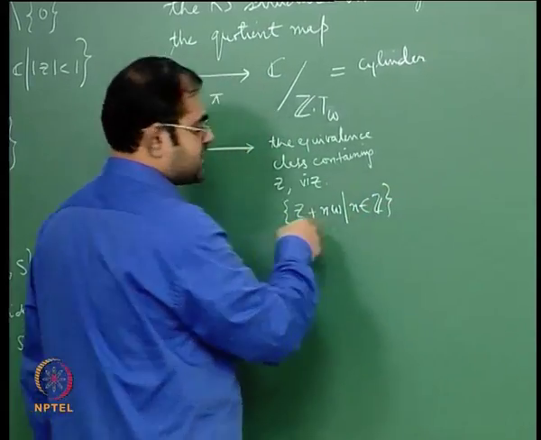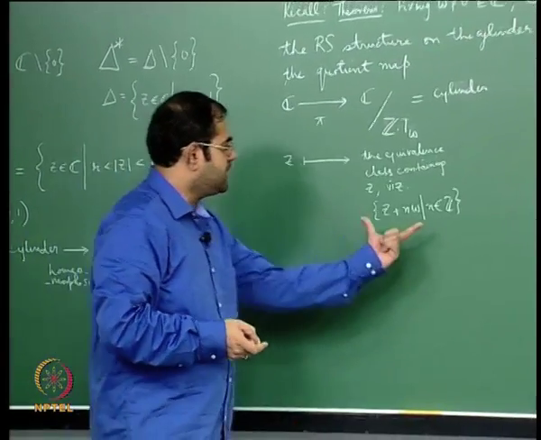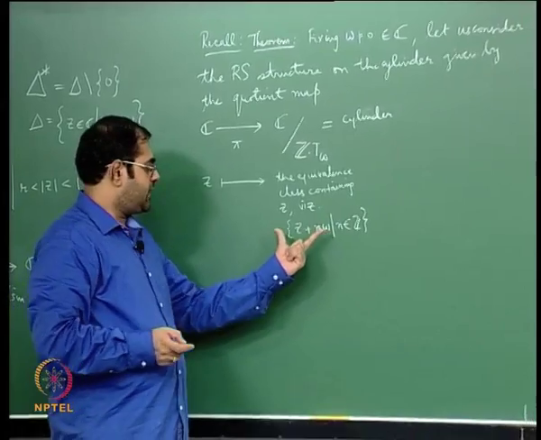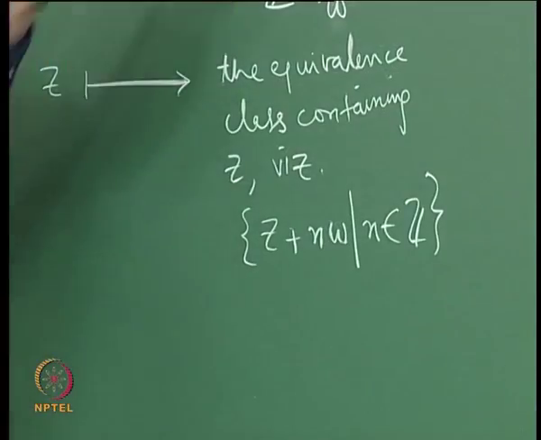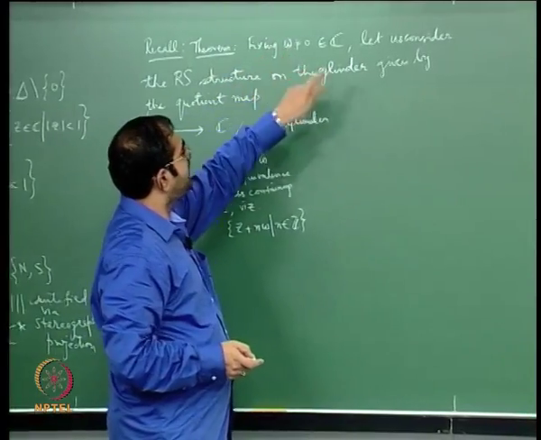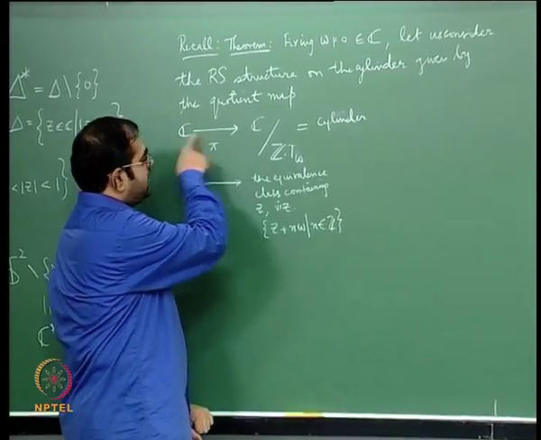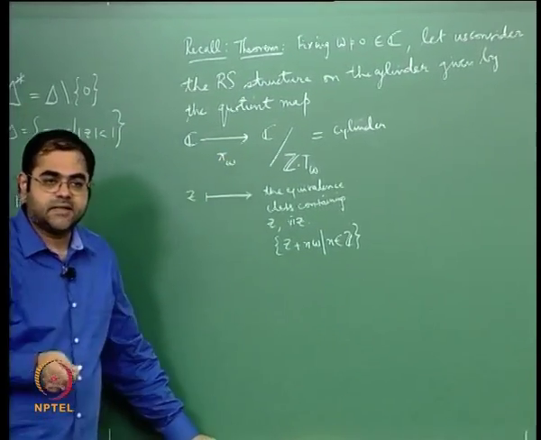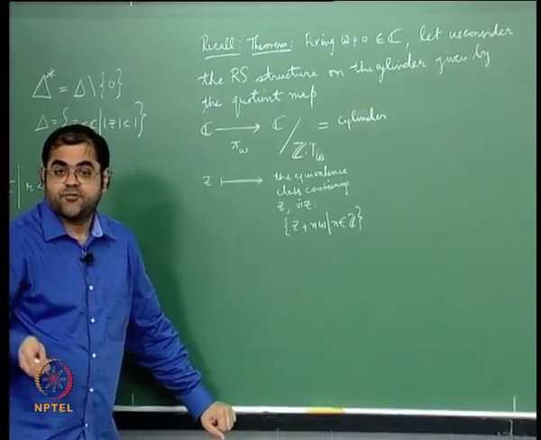So these are just translates of z by integer multiples of omega, and this is one equivalence class which contains z, and this is the unique equivalence class which contains z, and this is the map. Okay, and when I say fixing omega not equal to 0, what we mean is that in writing down this map, maybe I should even put pi sub omega, because it depends on this choice of omega. The only condition on omega is that omega is non-zero.